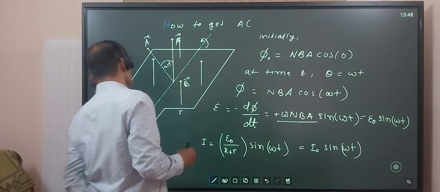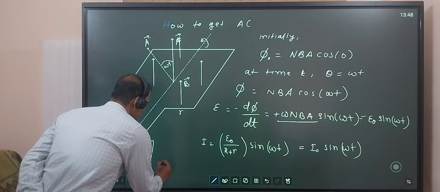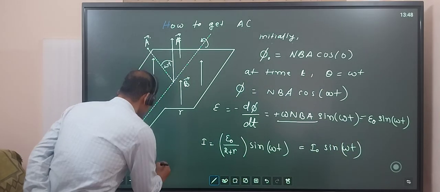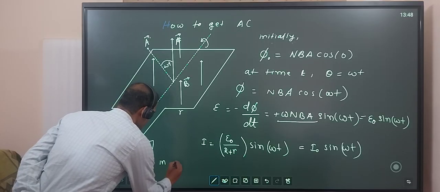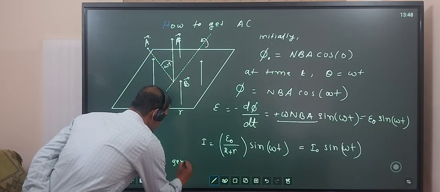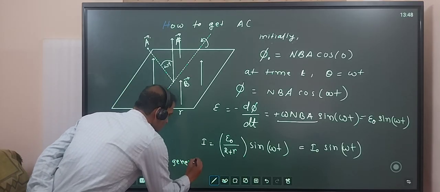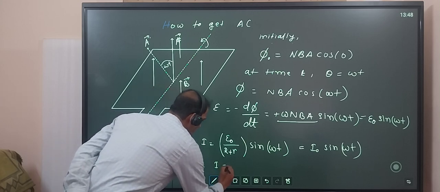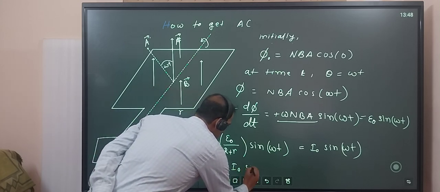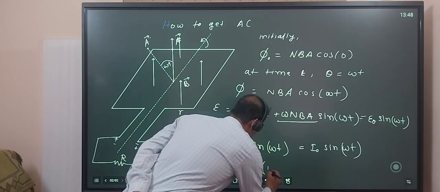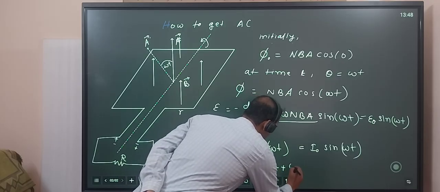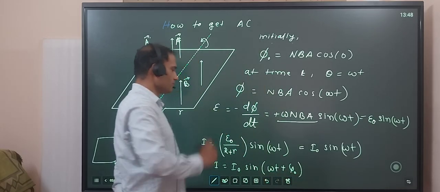But I told you in general the form was I is equal to I naught sine omega t plus phi naught. This was the form, right?